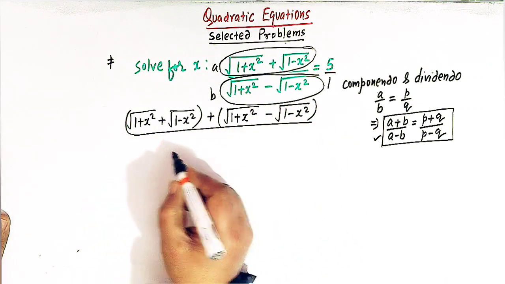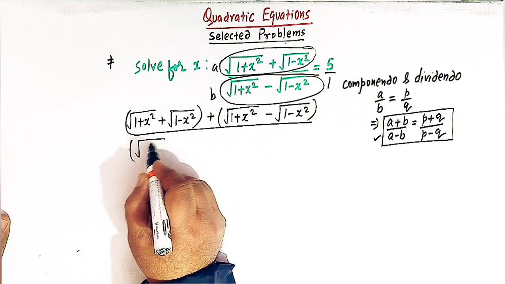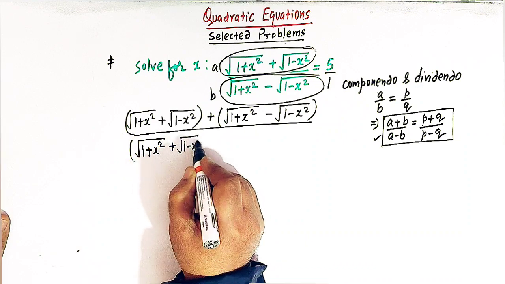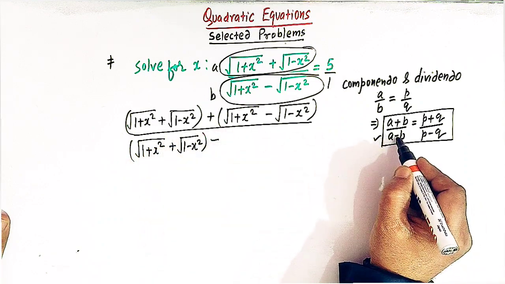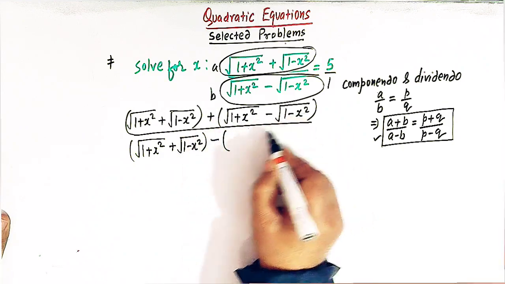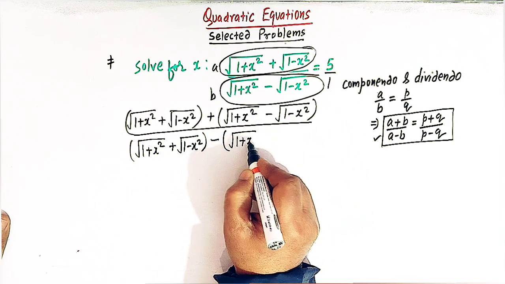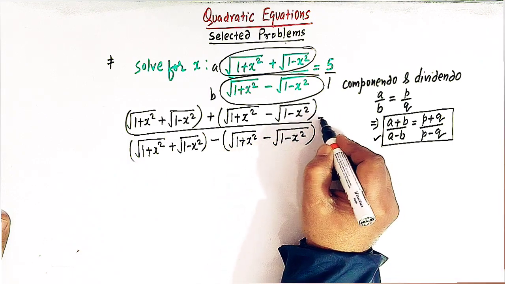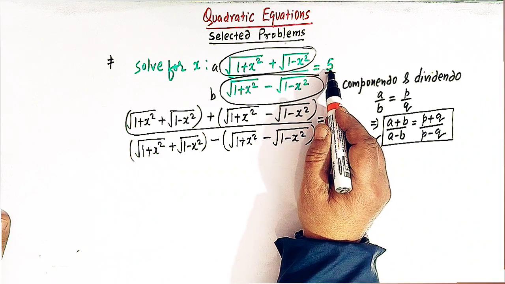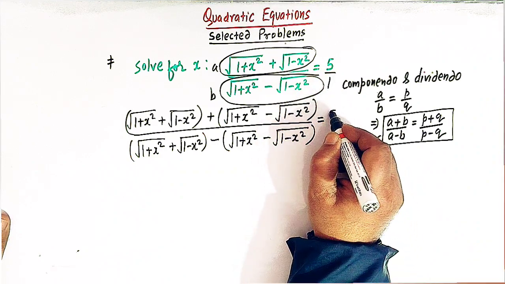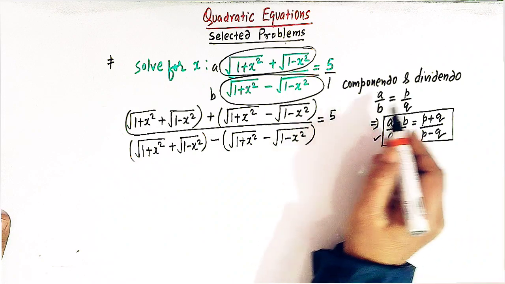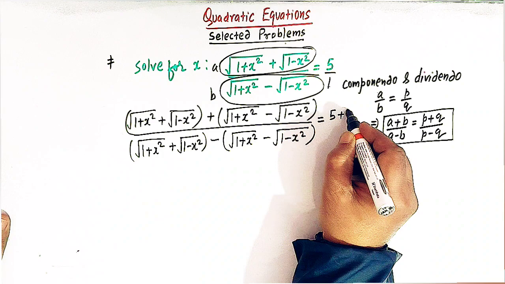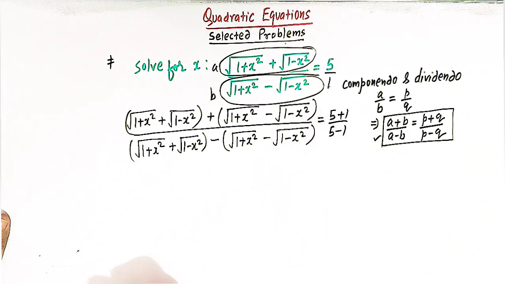In the denominator, we have A minus B: √(1+x²) + √(1−x²), then the negative sign, and then √(1+x²) − √(1−x²). And on the right hand side we have 5 over 1, so we write P plus Q, that is 5 plus 1, and P minus Q, that is 5 minus 1, right?